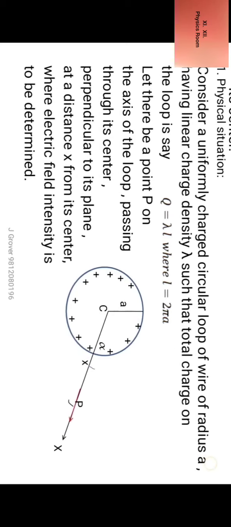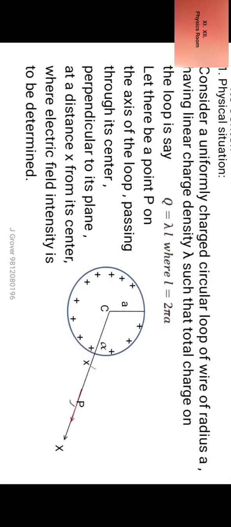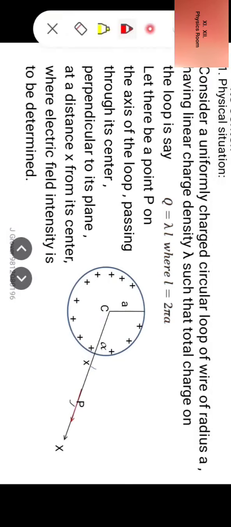Now first we develop the physical situation. Consider a uniformly charged circular loop of wire of radius a having linear charge density lambda, such that total charge on the loop, say q, is equal to lambda into L, where L is equal to 2 pi a.